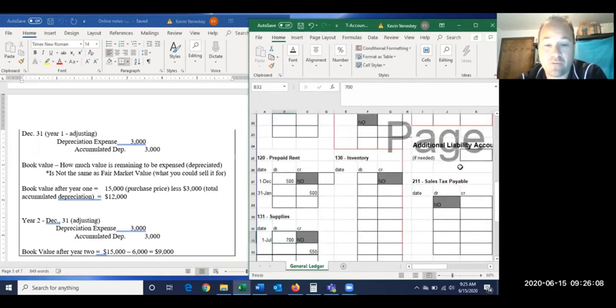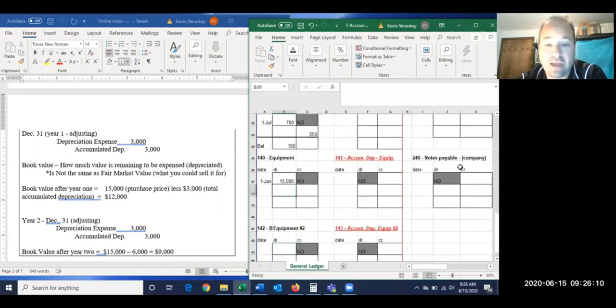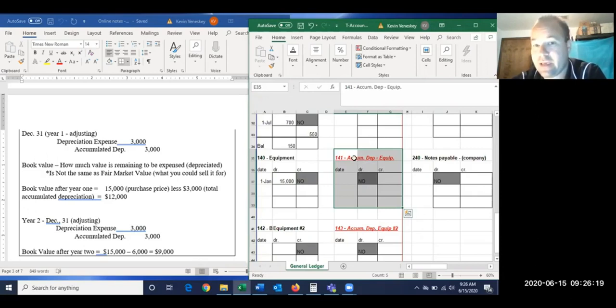And then I come back over to my equipment account, and this is what is called a contra account. Contra accounts I have on our sheets as red accounts because they're backwards. Contra means backwards in accounting. And when it's contra, that means plus minus is flipped.